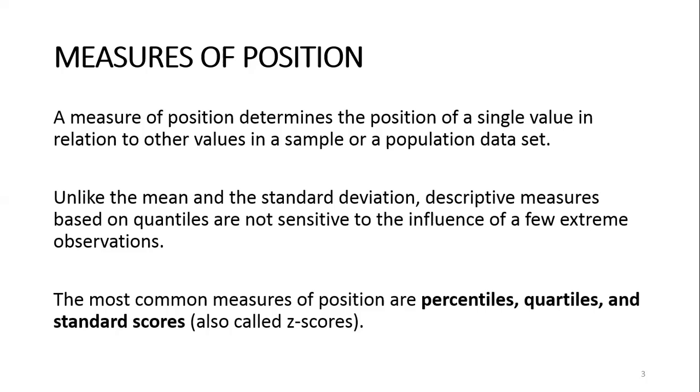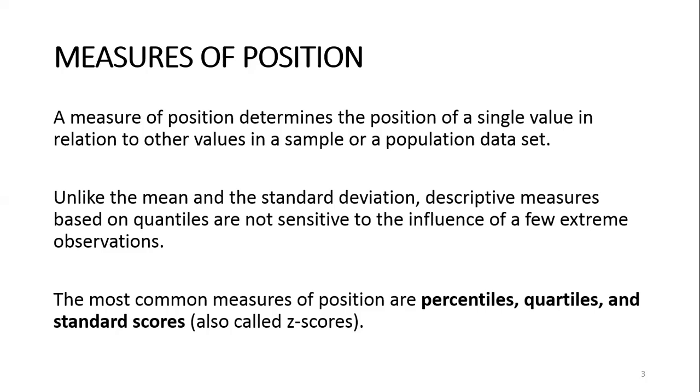Now, measures of position are like that. Median, even though it's classified as a measure of central tendency, is also a measure of position. Why? Because median is also a quantile.